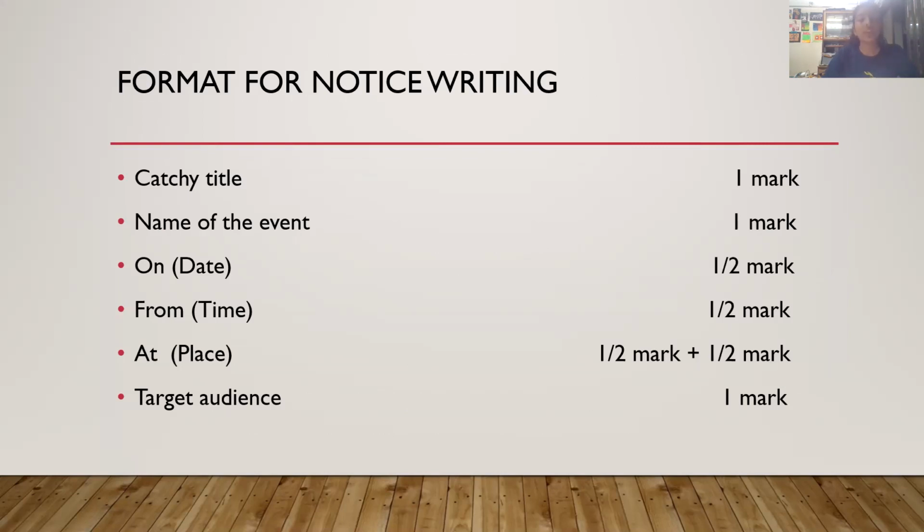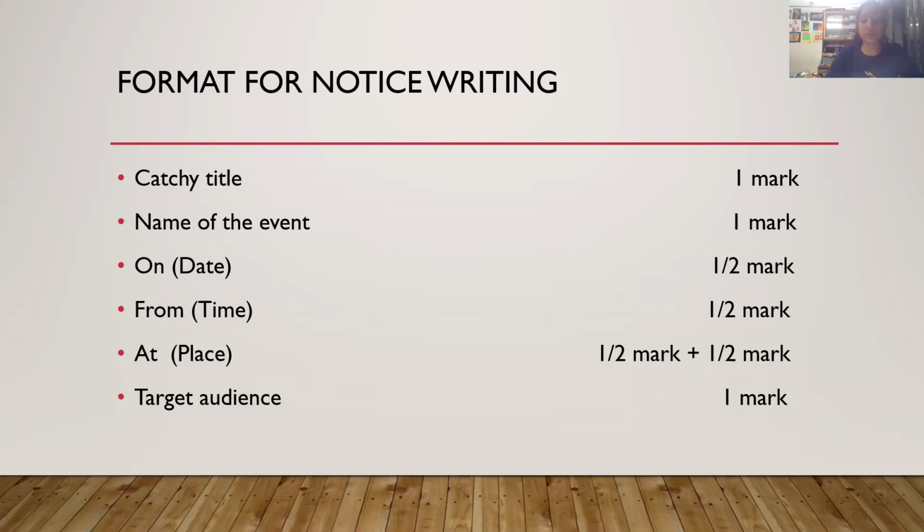Then from, for example from 9 a.m. to 10 p.m., or any other time, you can put it like that. At means place, which carries one whole mark, divided in halves.